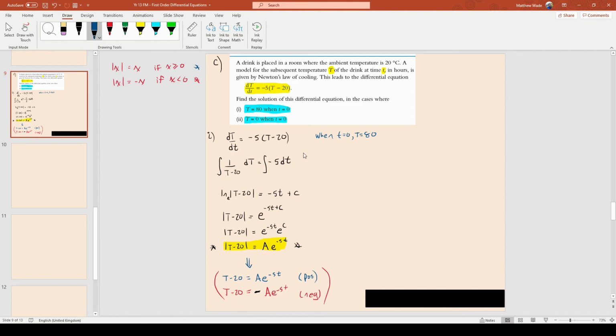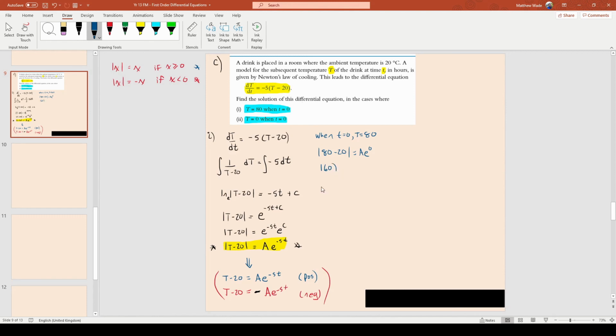So here we go. Pop your numbers in. It says that big T is 80, so on this side we have modulus of 80 take 20. And that's going to equal A e to the minus 5t, but t is 0, so it's just A e to the 0. Okay, that means this side is modulus of 60.